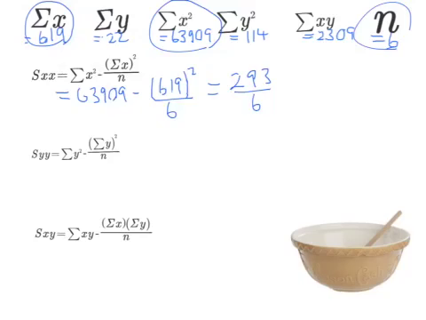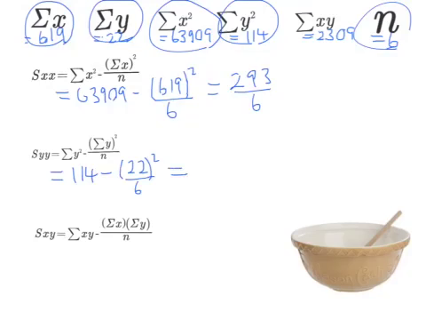Okay, let's do the next one, SYY. SYY is found by the sum of Y squared, 114, minus the sum of Y, that's 22, so 22 squared divided by 6. That gives me SYY as 100 over 3, and again you should probably give it as a decimal.